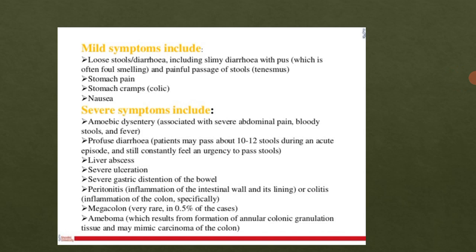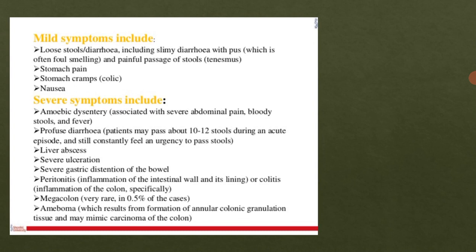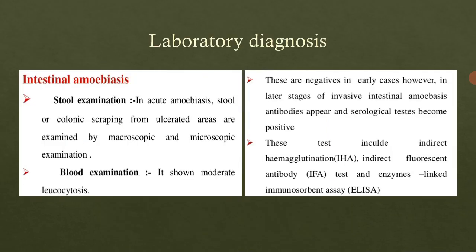Then amoeboma, which results from the formation of annular colonic granulation tissue and may mimic carcinoma of the colon. The last two symptoms occur in some rare cases. All right, the rest are present in the severe symptoms on top of the mild symptoms. These are the symptoms of Entamoeba histolytica infection.